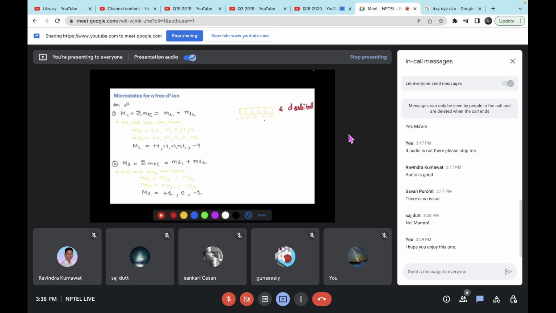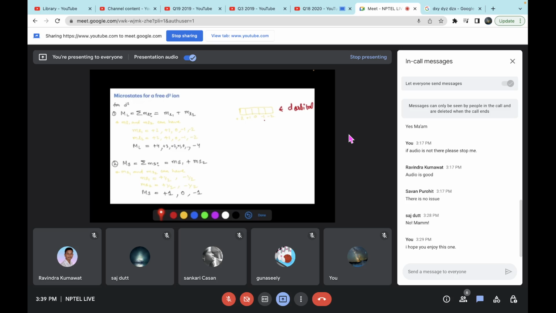Now, to calculate the microstates for a free d2 ion, for d2, this d orbital here, you can see the depiction. We first have to obtain the total angular quantum number and total spin quantum number. So we need to find ML and MS and then the corresponding quantum numbers, capital L and capital S. ML for d2 is simply the summation of ML i, which is ML1 plus ML2.